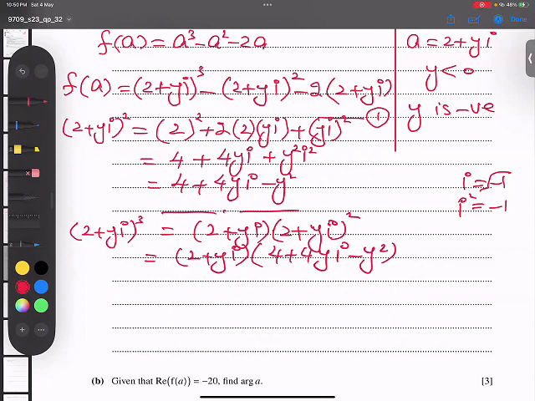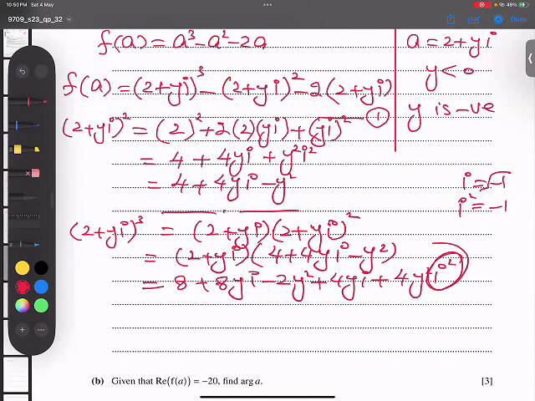Okay, now I'm going to multiply. Be careful. 2 4s are 8. 2 4s are 8y iota. 2 times negative y square is negative 2y square. And this into this 4y iota. This into this, I got 4y square iota square. This I eliminate and put the sign as negative. So I think you understand.